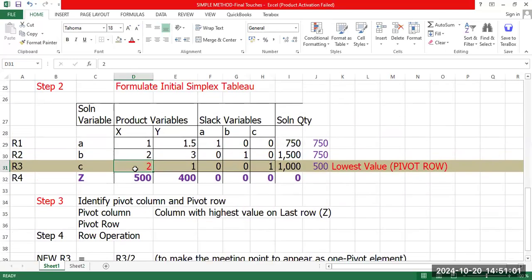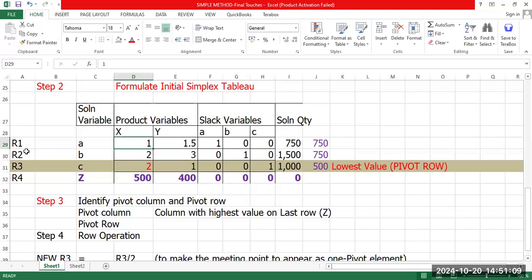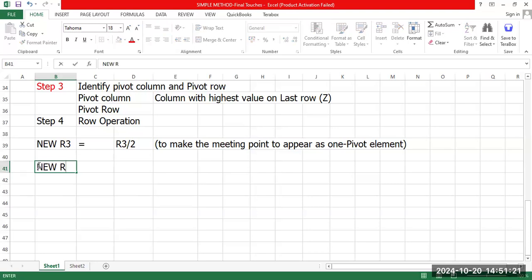So which formula are you going to come up with to make sure that this value appear as 0? And ask yourself now, this formula you are going to develop is for which row? This is row 1. So it means that you will need new row 1.